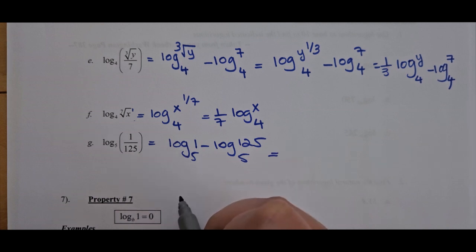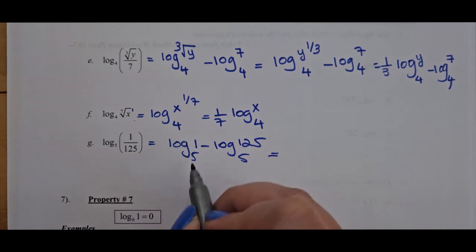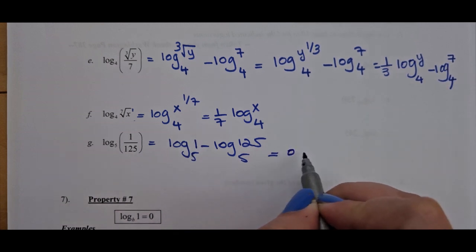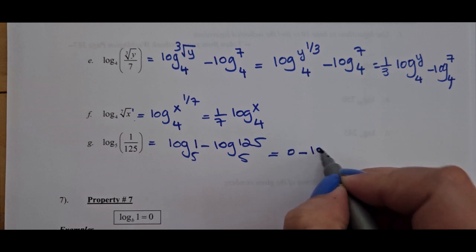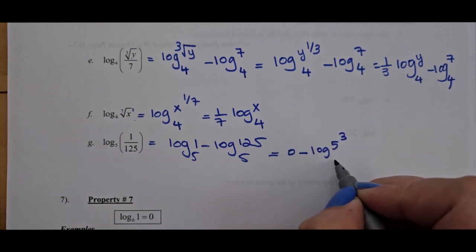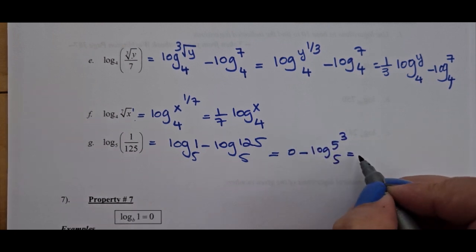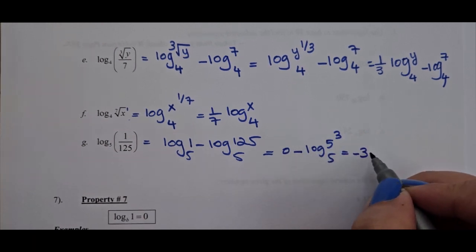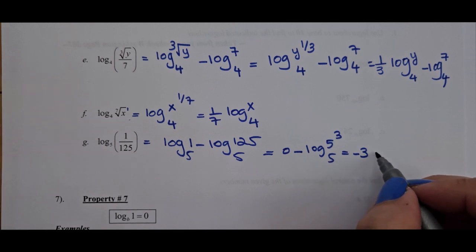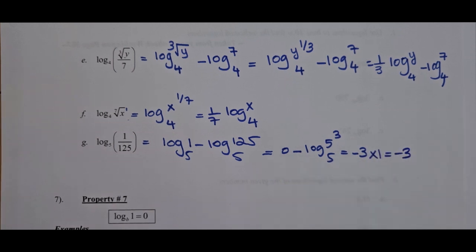So what is it here? Log 1 to the base 5, it's 0, minus 125, it's 5 to the power 3. Okay, so I'm going to write log 5 to the power 3, base 5. So this is 0. So this 3 will move to the front. 3 times log 5 to the base 5, it's 1. So that would be negative 3.